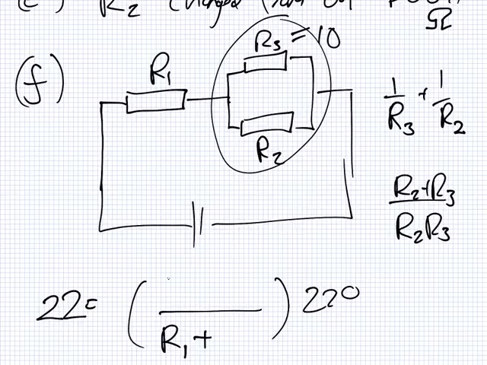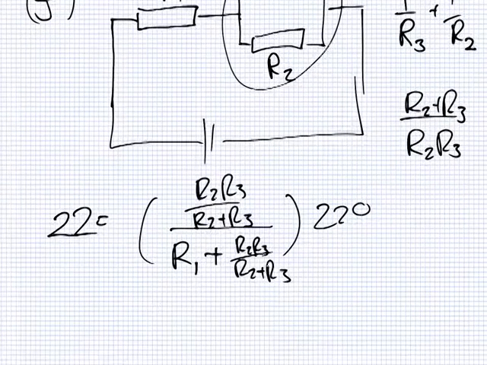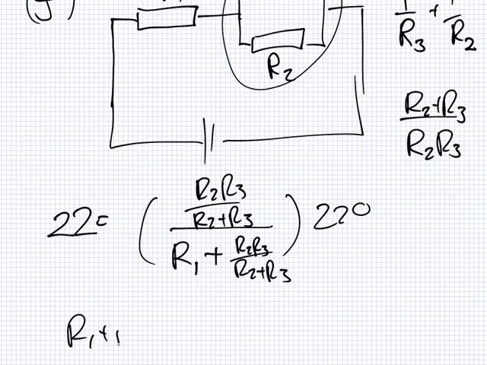So on the top here, R2 R3 over R2 plus R3, and then here the same thing. I know, it's messy. Also, we know that R1 plus R2 equals 1, because you had 1 ohm to begin with.